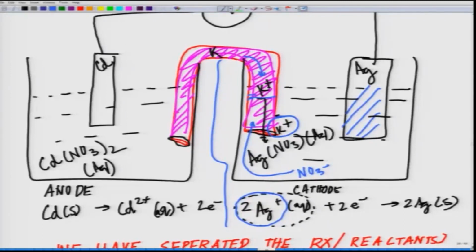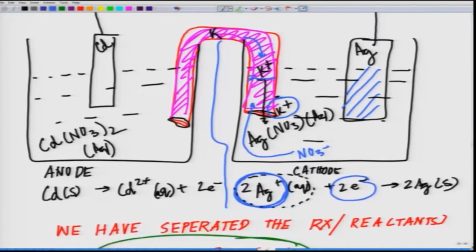This is where some of these potassiums are moving onto the cathode side. On the contrary, if you look at the anode side, something very interesting is happening. As the cathode is pulling out some of the positive charges in order to maintain balance, why is it happening? Because out here this Ag plus is getting reduced by the electrons which are coming from the cadmium side.